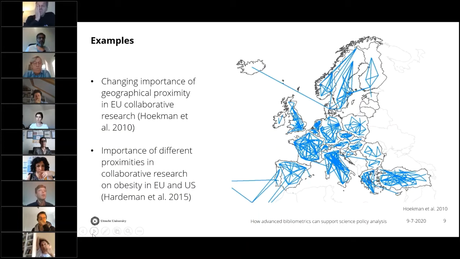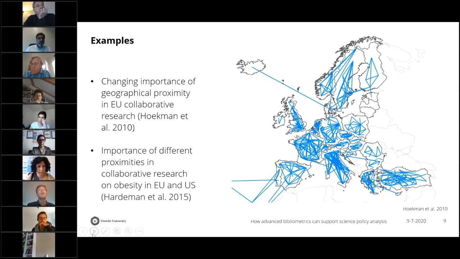And these structural insights into a research portfolio, in this case obesity, can also be applied to other types of missions. Once a research portfolio is characterized, it can also provide some input on how these proximities are changing, and whether you indeed see more coordination of research efforts over time.